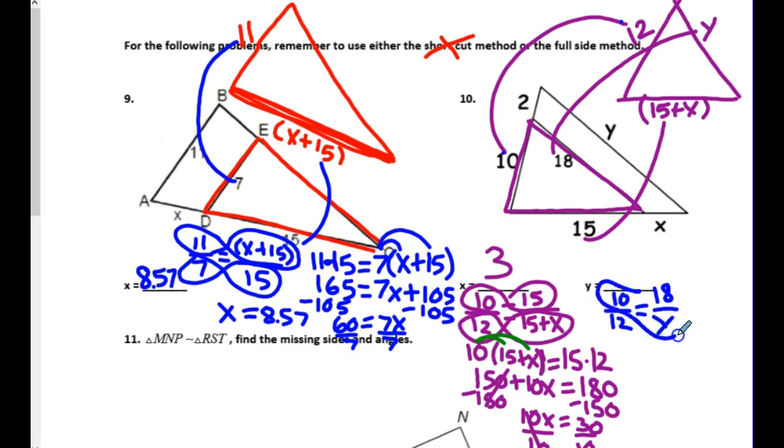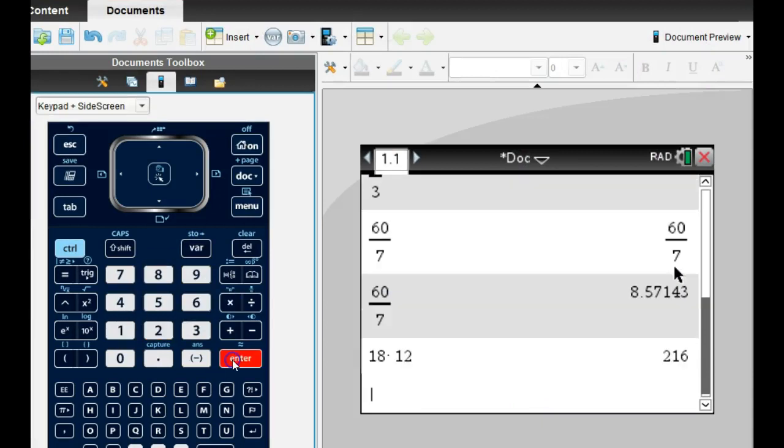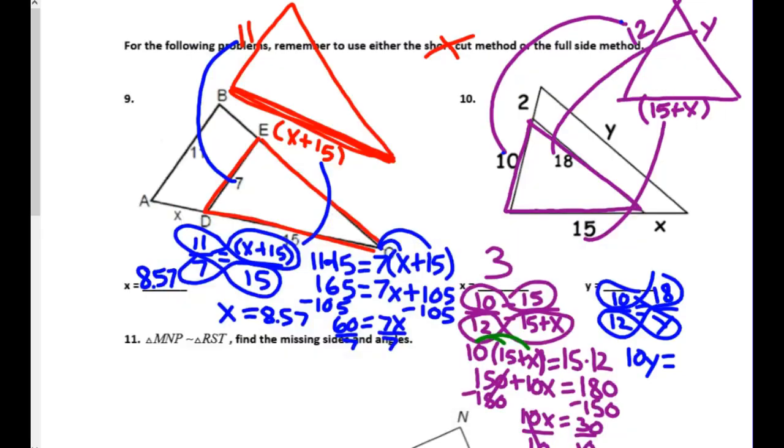Cross multiply, 10 times y is 10y. 18 times 12 is 216. And then my last step, divide by 10, divide by 10. And I get 21.6.